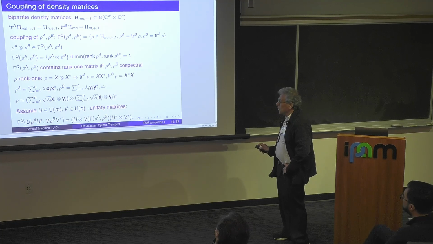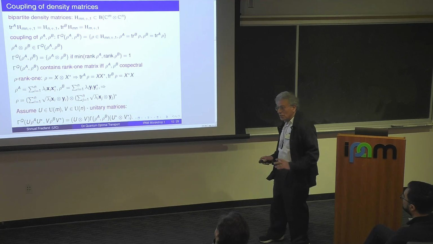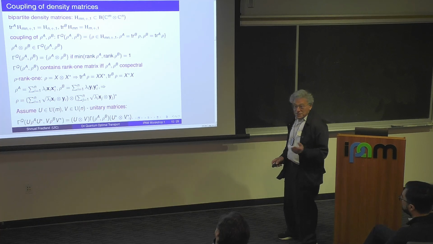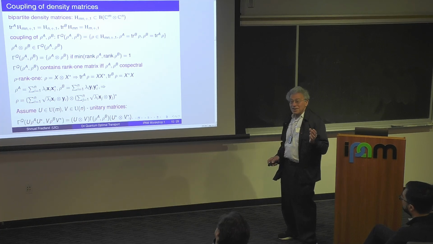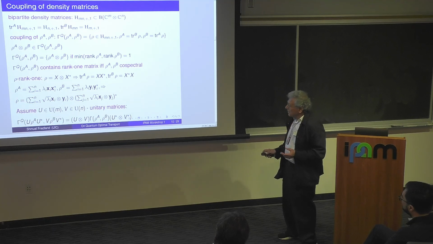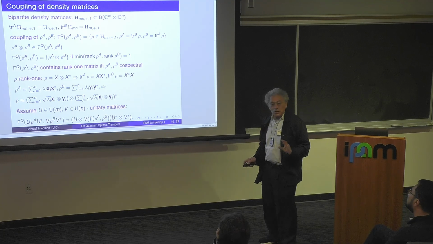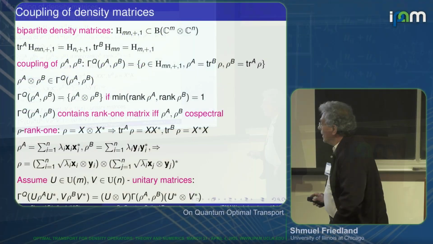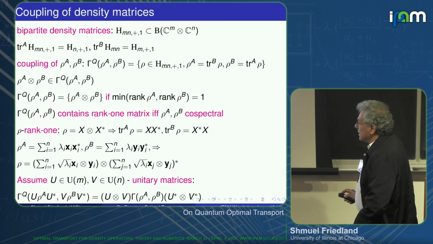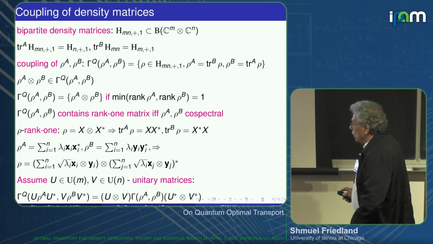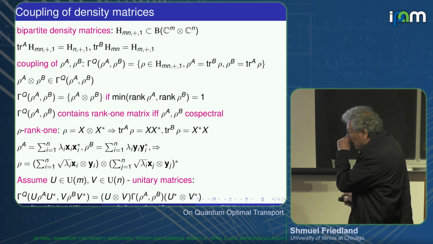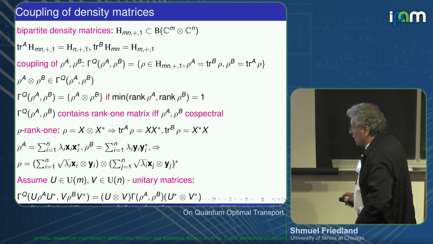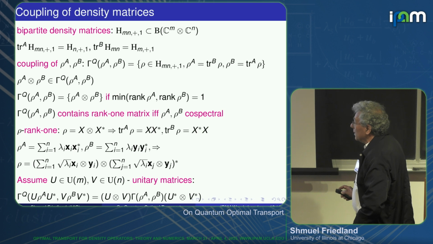This is just the singular value decomposition for mathematicians. I forgot the name, but it's the Schmidt decomposition for physicists. So if you have the same spectrum for X and Y, then this matrix rho is going to be in this set.